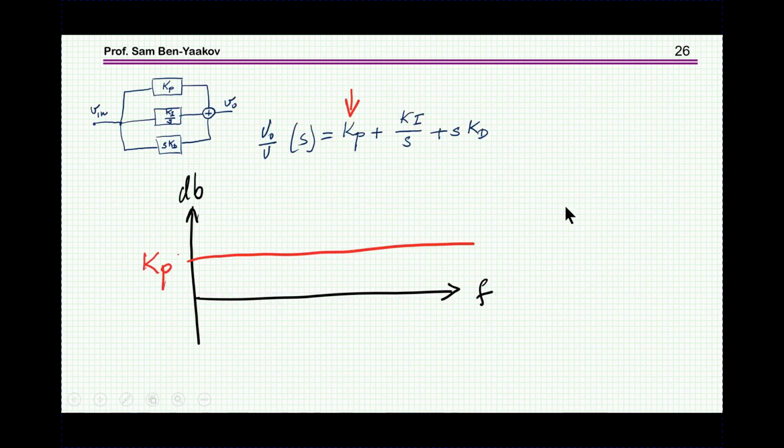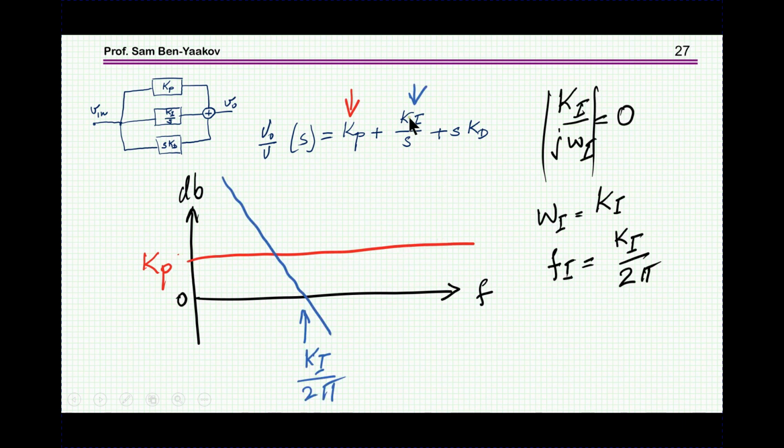Now, there's another way of looking at it, and this is the following way. If I have a sum of these 3 components, looking at it in the frequency domain, the Kp is a straight line. The integral is this line here, and the cross here at 0 dB is when this is equal to 1.